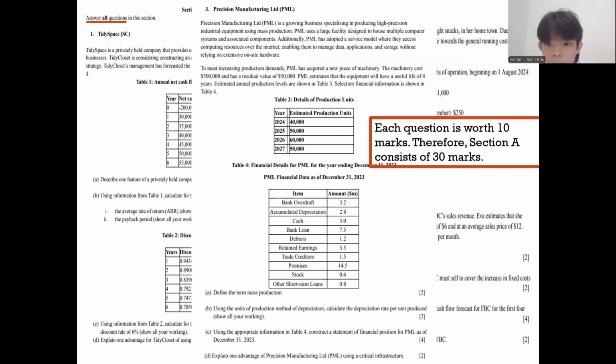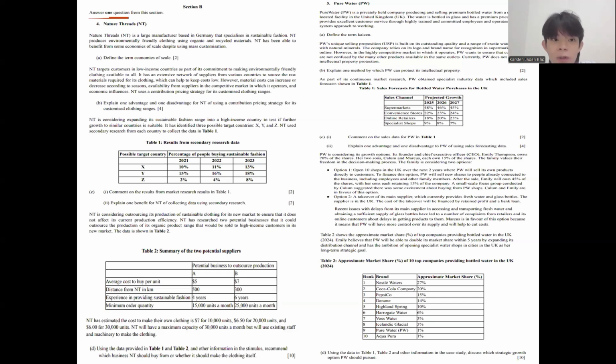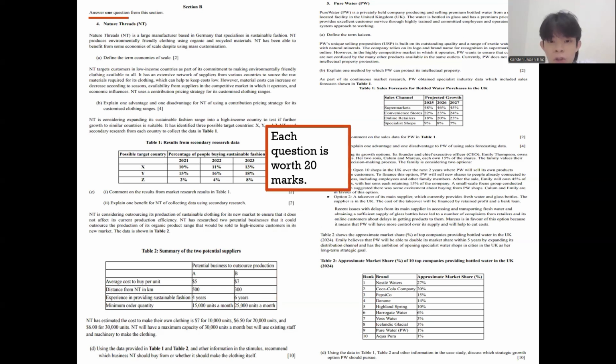As each question is worth 10 marks, Section A consists of 30 marks. Now, Section B. Students are only expected to answer one question, where each question is worth 20 marks, which makes the paper 50 marks.